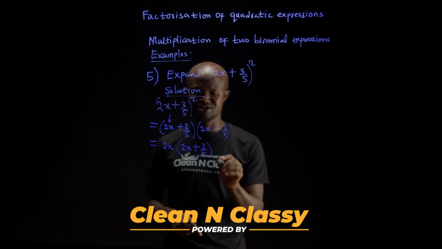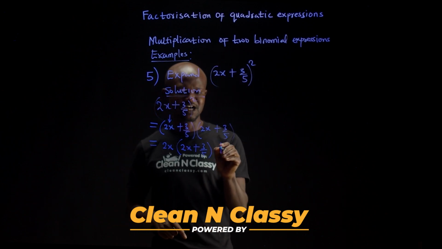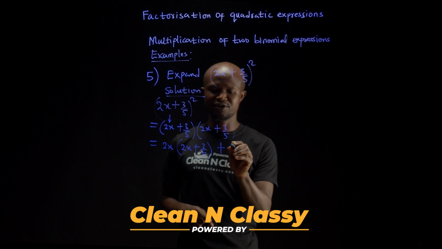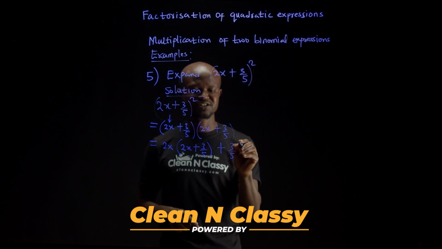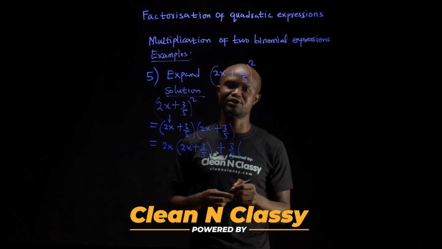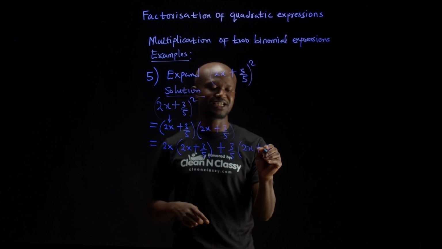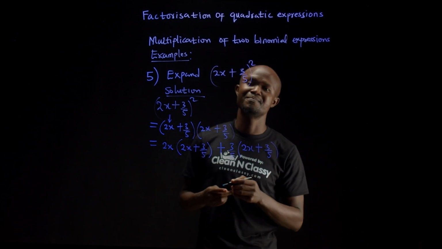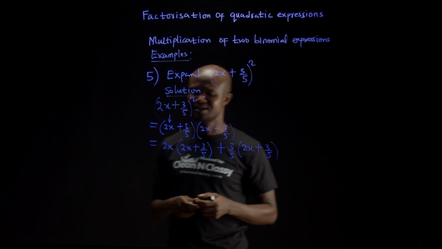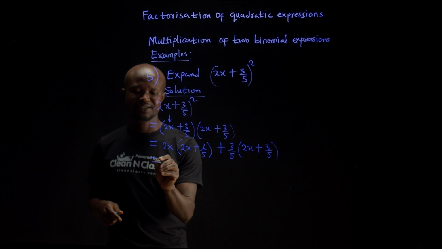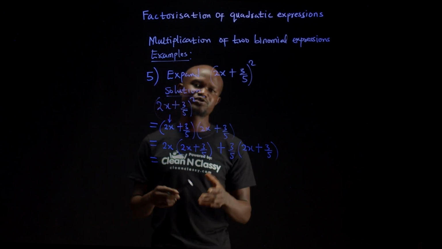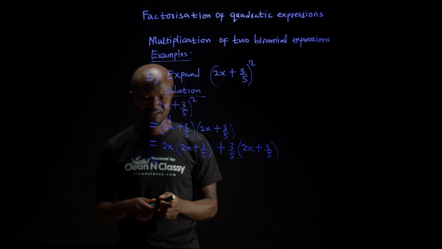Then plus 3/5, which is the second term in the first binomial expression, multiplies the whole of the second binomial expression. Now, the next thing for us to do is to expand the brackets.